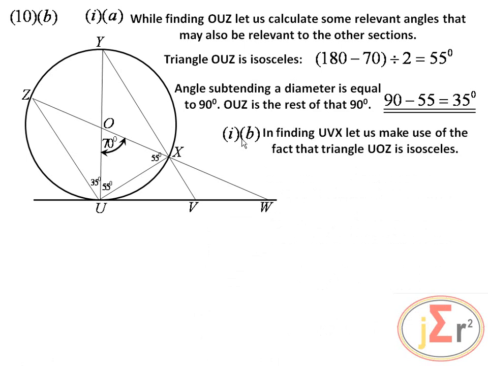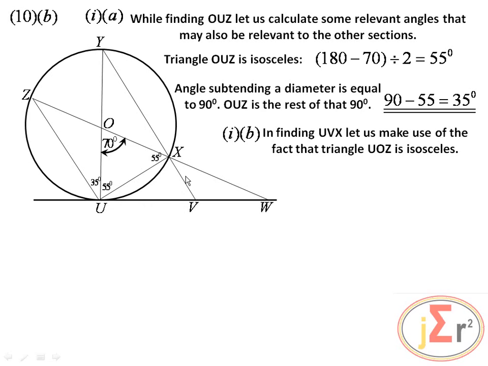In finding UVX, let us make use of the fact that triangle UOZ is isosceles. We are finding UVX. That's the angle that we are finding.